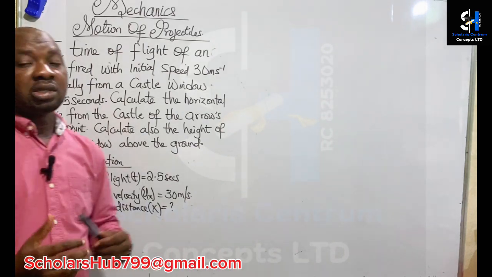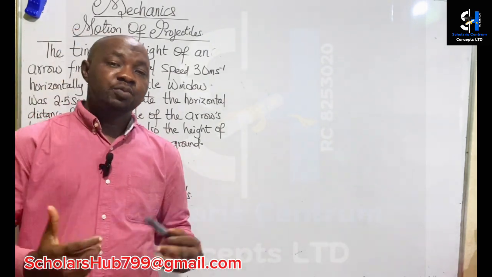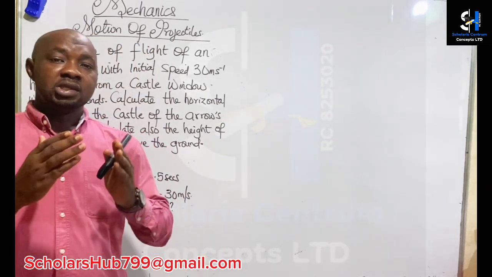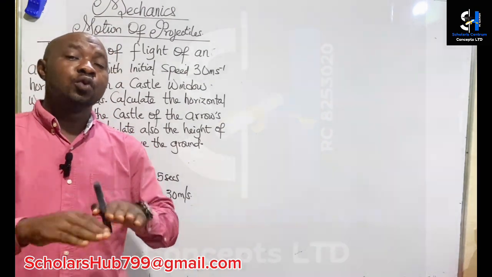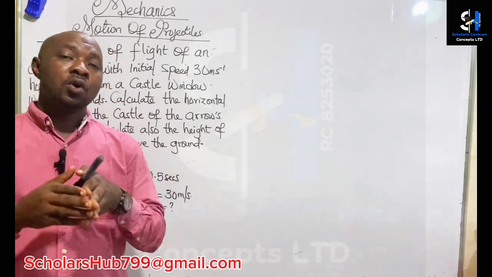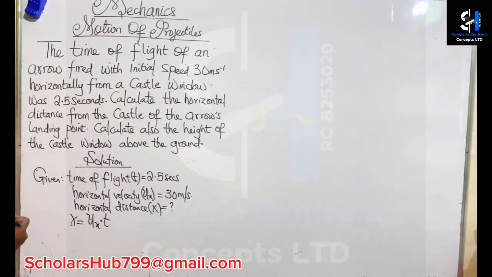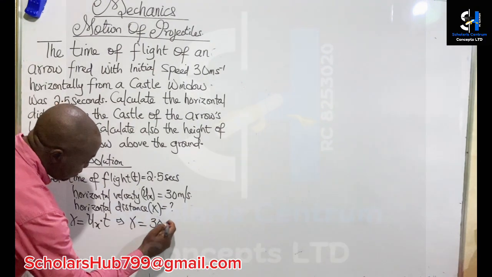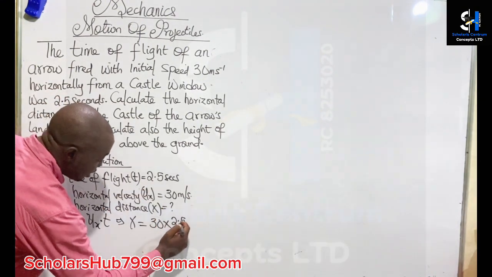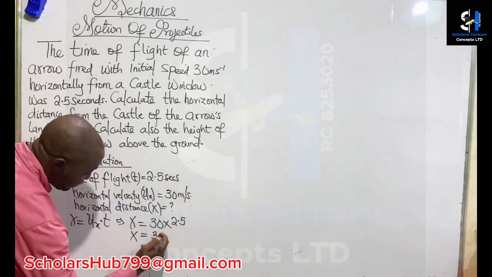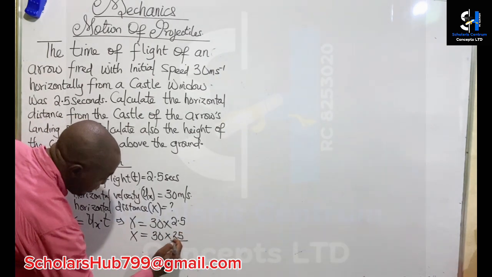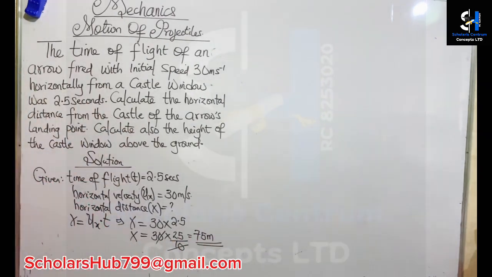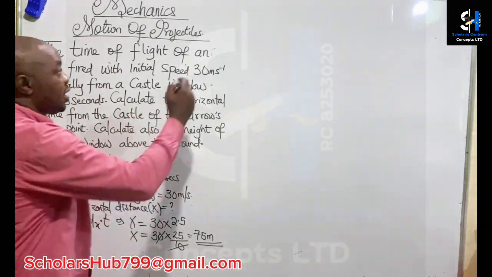Don't forget, as I explained in one of my videos, that whenever an object is projected horizontally, it has no horizontal acceleration. So the horizontal distance is 30 multiplied by 2.5, which is 75 meters.